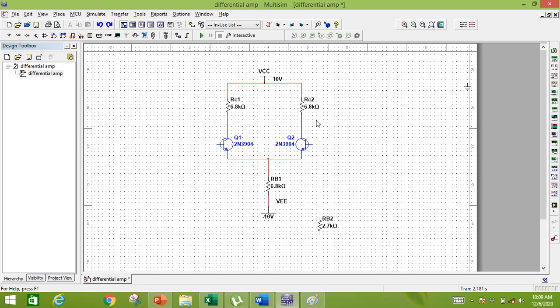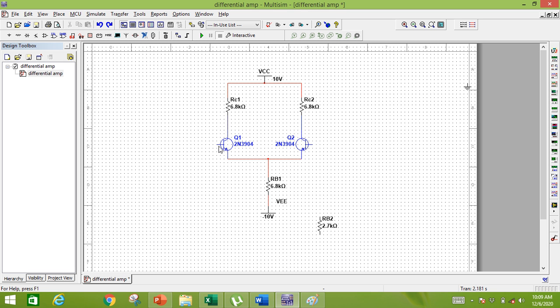So a differential amplifier has two input terminals and an output terminal. And a differential amplifier is a special amplifier that amplifies only the difference in two input signal voltages.